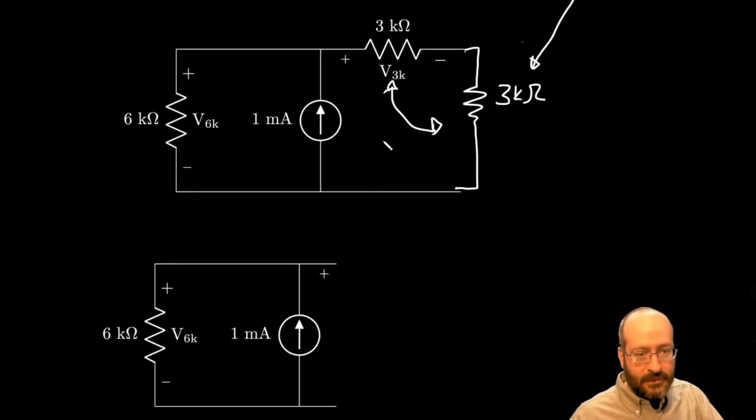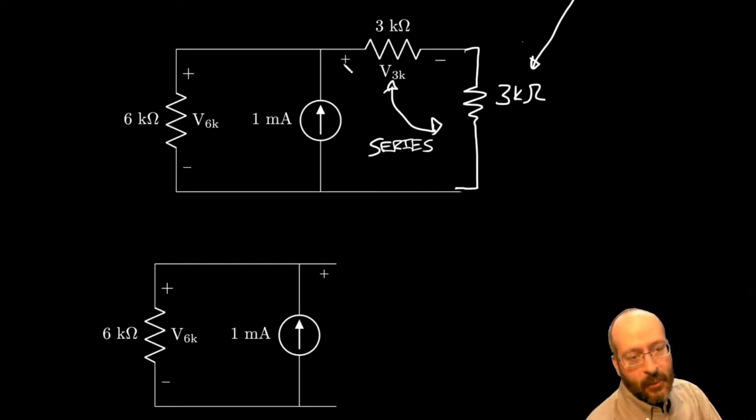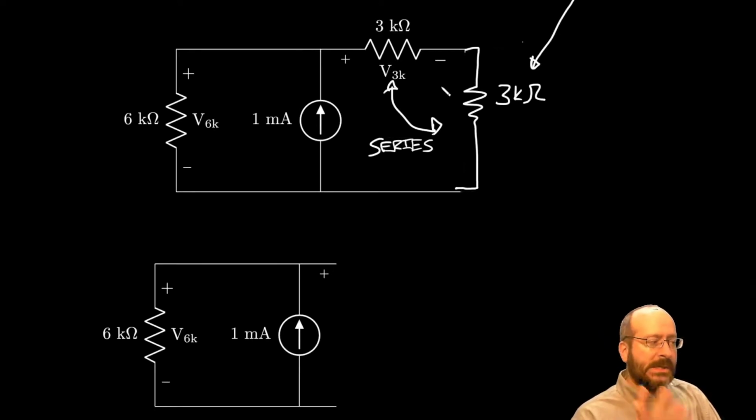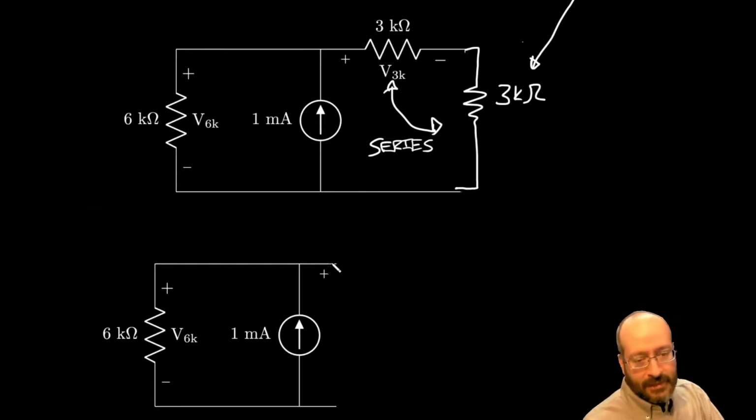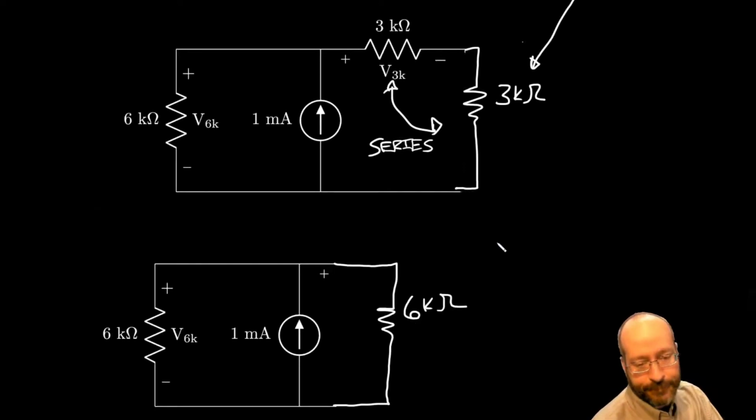These are in series. My problem with this is that I lose this node, and I want to find the voltage across this 3K. So it's the voltage at this node in reference to that node. If I lose that node, then I'm going to have to step back at some point and figure out what's going on there. But let's say that that is a 6 kilo ohm. Okay, and the 3K is somewhere in there. It's somewhere in there, but we don't know.